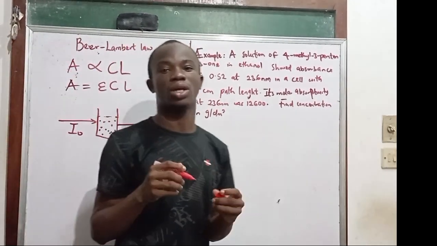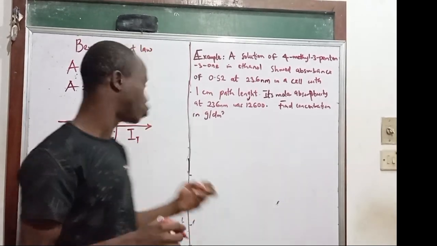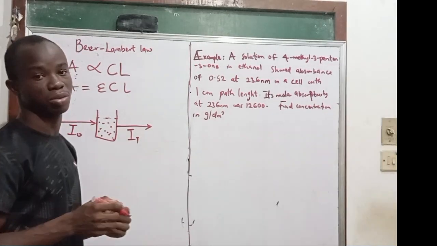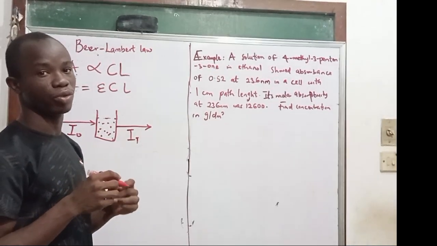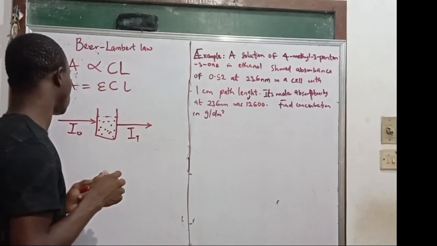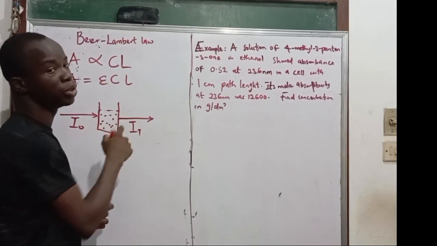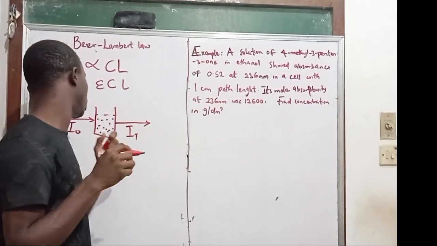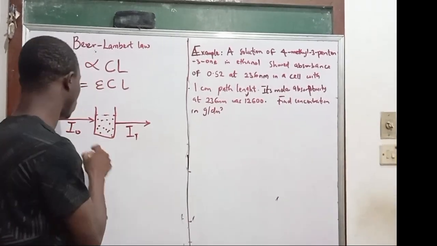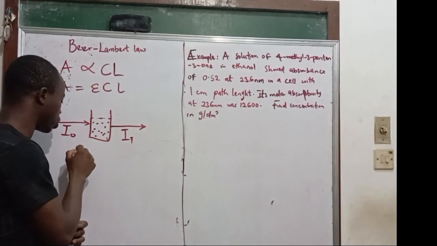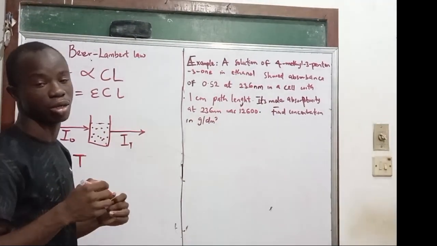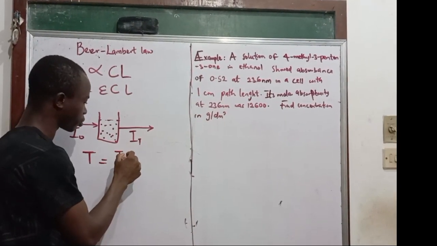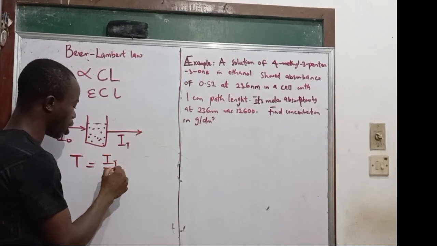But the major thing I want to bring out there is that absorbance can also be related to these two. It can be related to the intensity of transmitted light and the intensity of the incident light. From this, we can say that if we know the intensity of the transmitted light and the intensity of the incident light, then transmittance, which is also a very important quantity, equals IT over I naught.